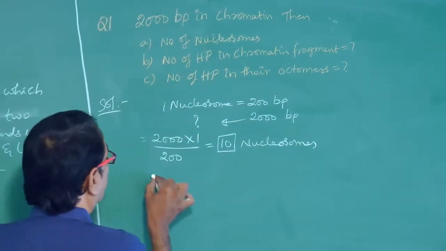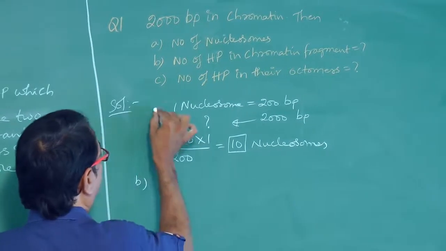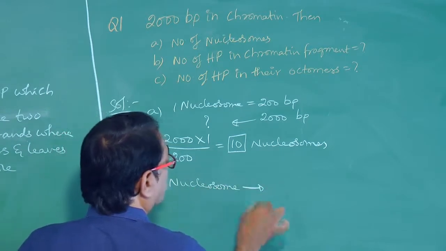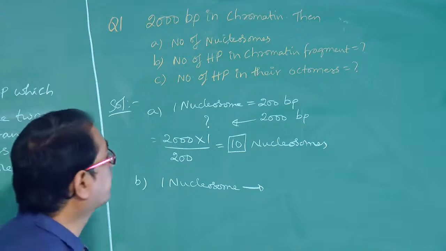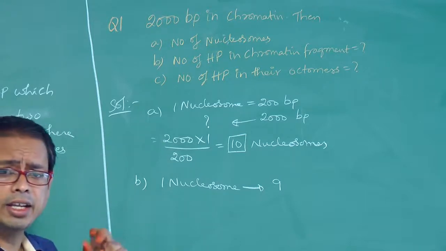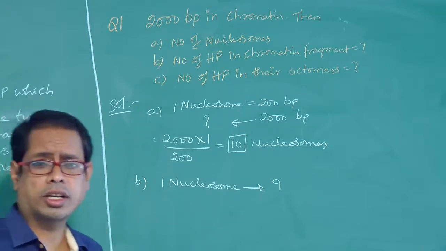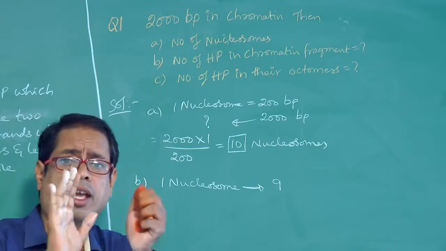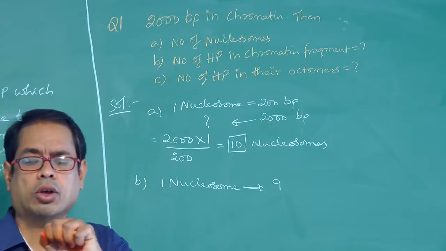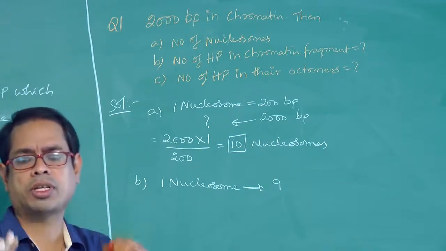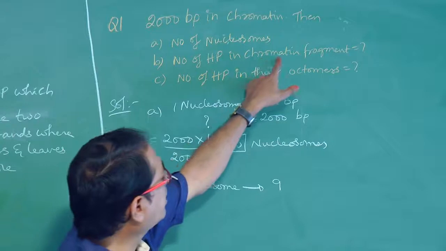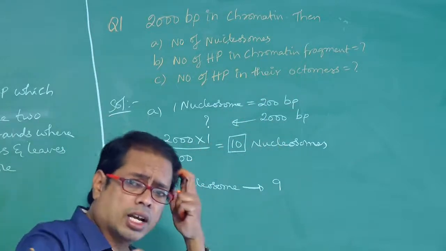Next, the number of histone proteins in the chromatin fragment. One nucleosome contains 9 histone proteins, 8 in the octamer and the remaining one. Try to remember, core or octamer means we take 8; chromatin thread, chromatin fragment or simply chromatin means we additionally take the H1 histone protein. In this question, for the chromatin fragment, we take both inside and outside.